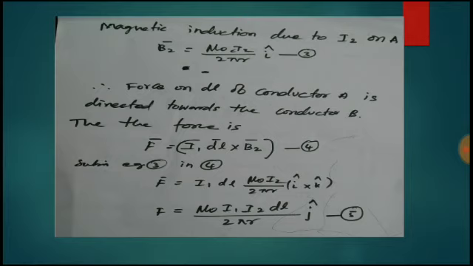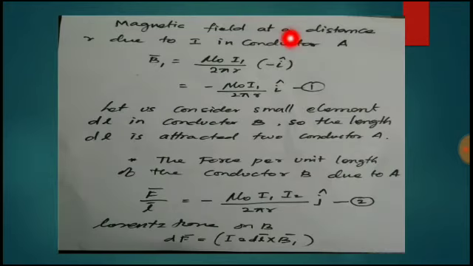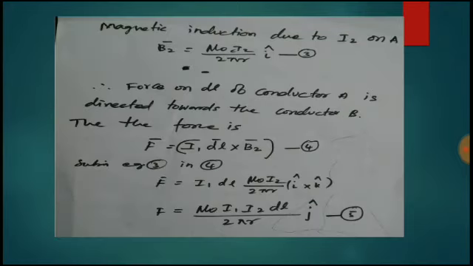Here the magnetic field is due to the I2 current on A. So due to the I2 current, the magnetic field produced is B2.